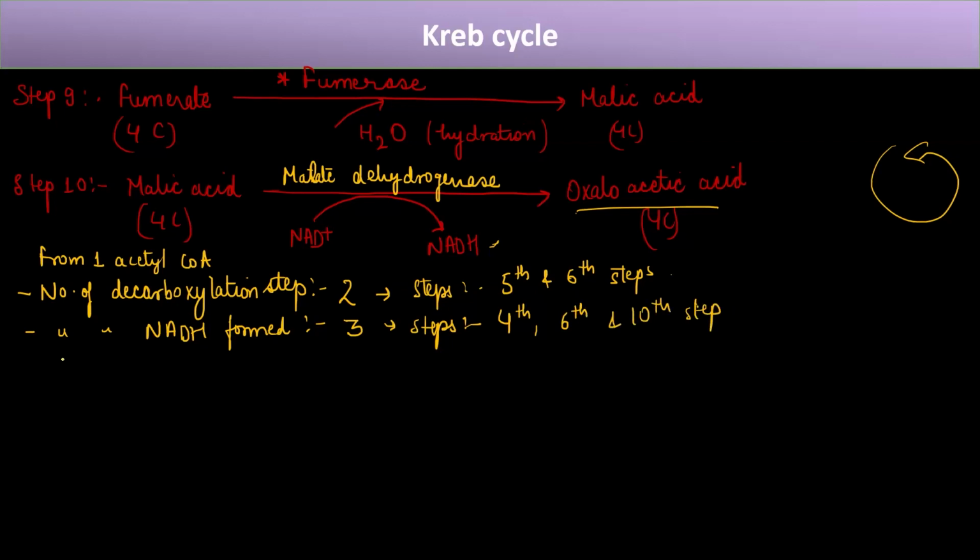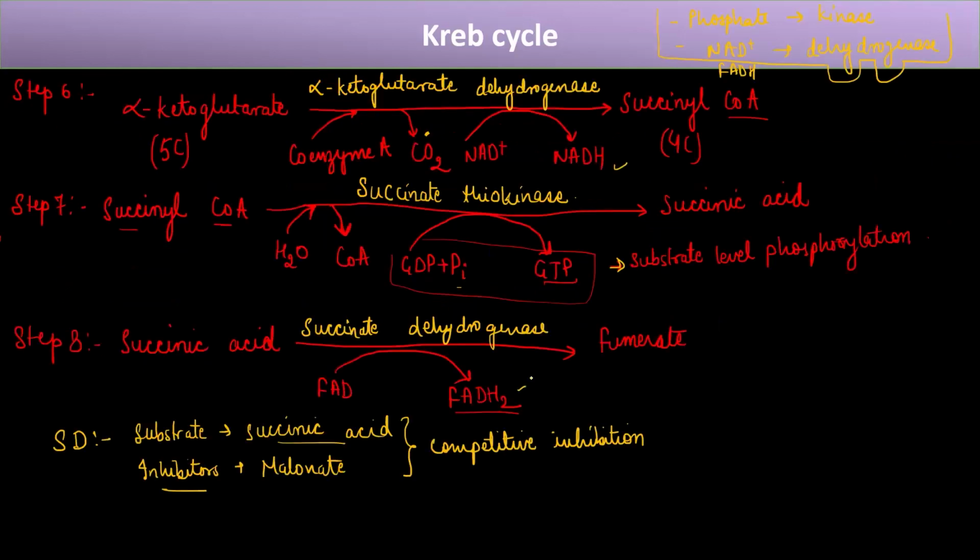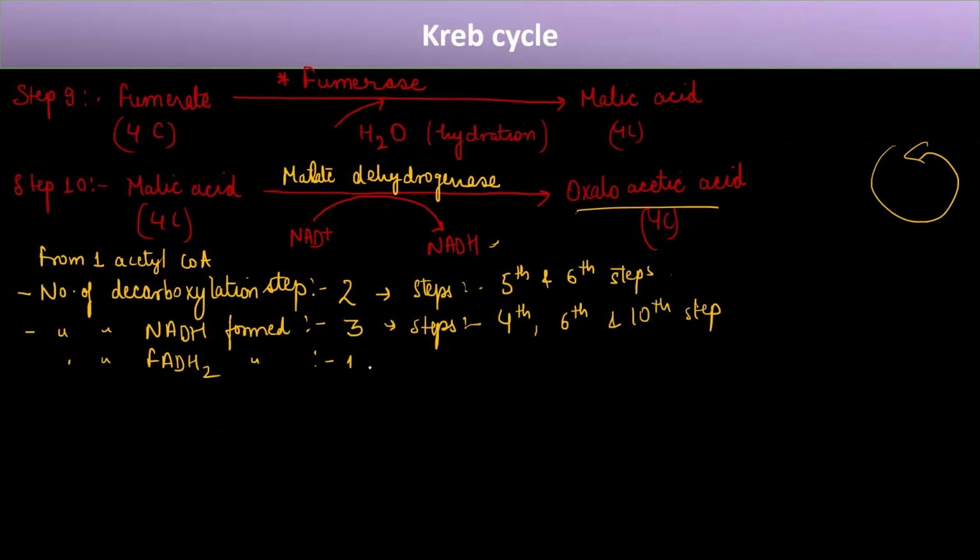Okay. Now, what is the number of FADH2 formed? FADH2 we saw just once, right here. So FADH2 formed is 1, and the step is the 8th step. Right? Okay. Now, about hydration. Where does hydration take place? Hydration means addition of a water molecule.